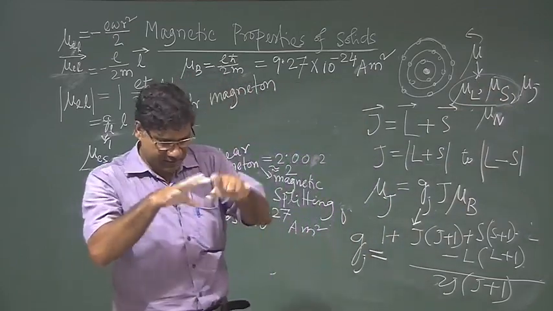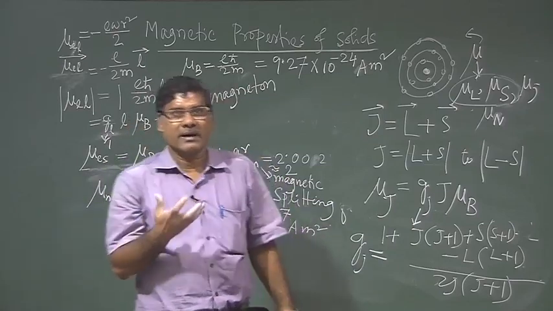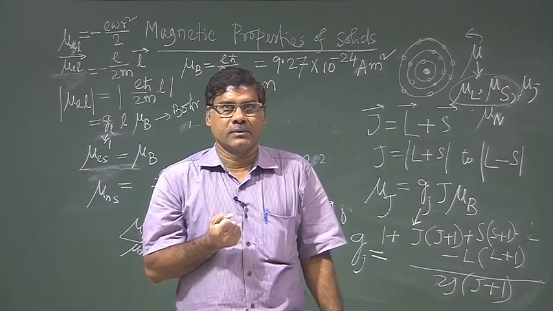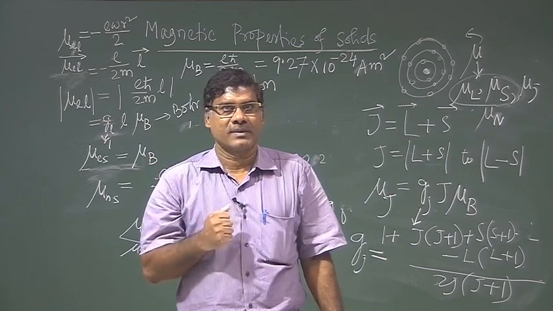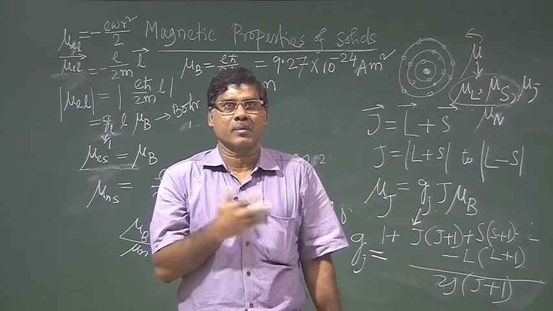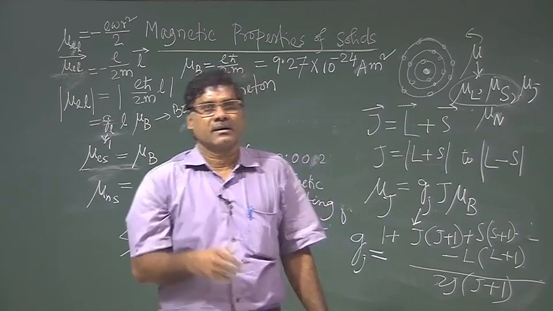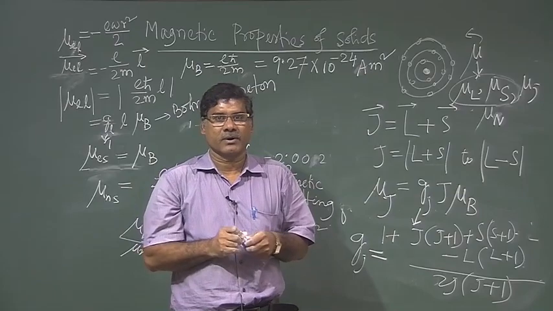So in a material each atom has the magnetic moment mu. Then we will discuss the different properties, diamagnetic, paramagnetic and ferromagnetic properties, in coming classes. Okay, let me stop here. Thank you for your attention.